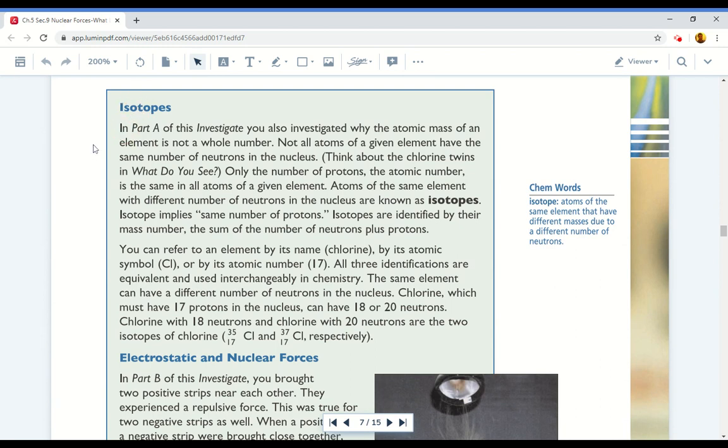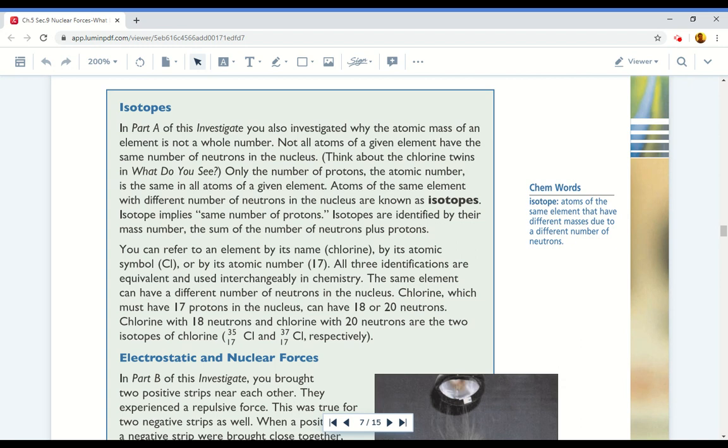Isotopes. In Part A of this Investigate, you also investigated why the atomic mass of an element is not a whole number. Not all atoms of a given element have the same number of neutrons in the nucleus. Think about the chlorine twins and what do you see?